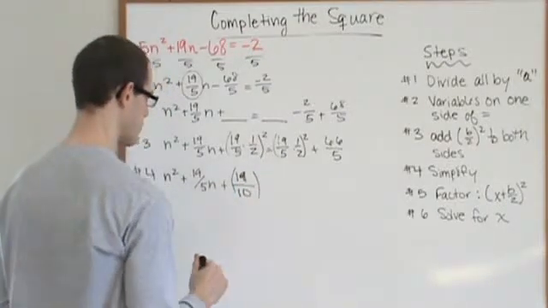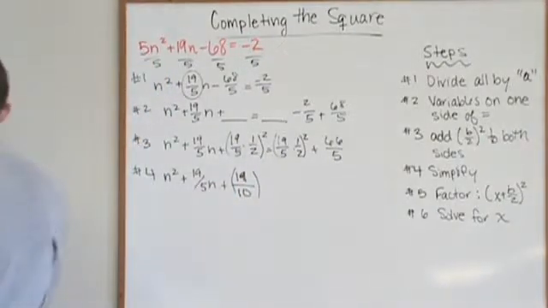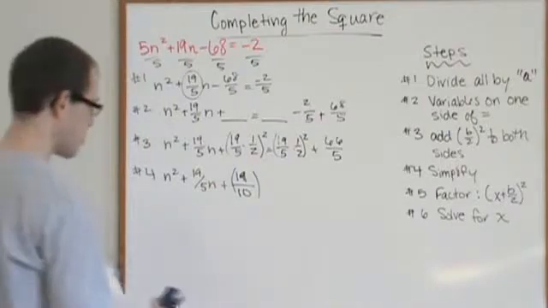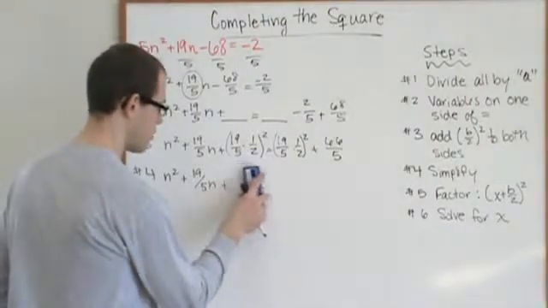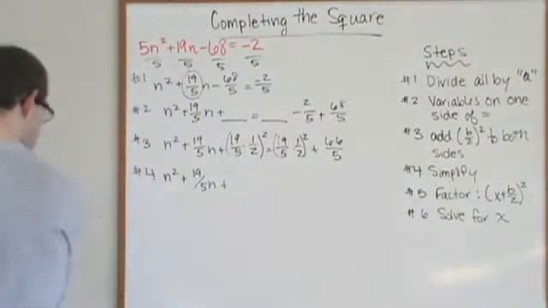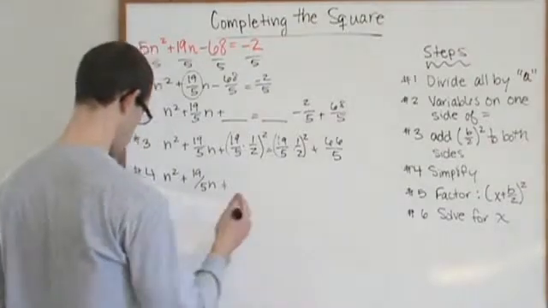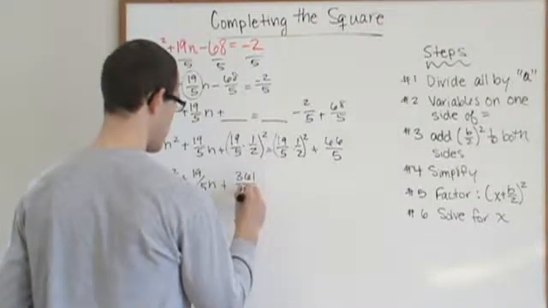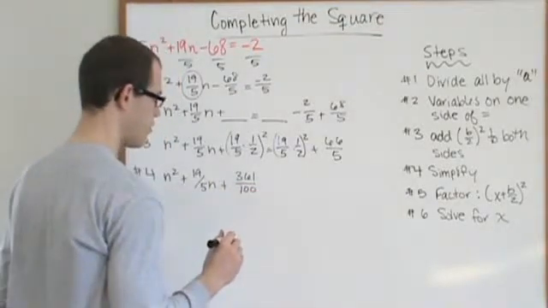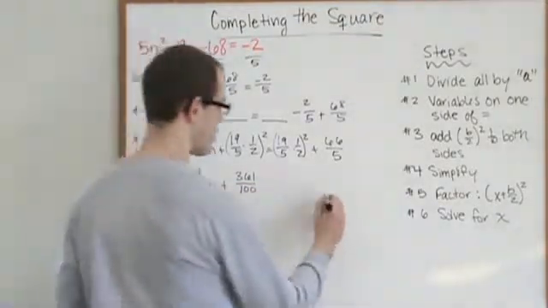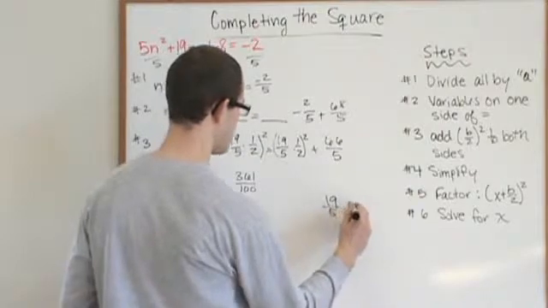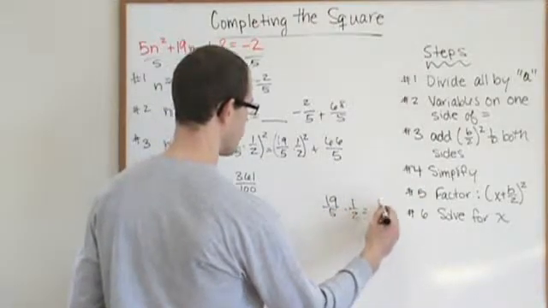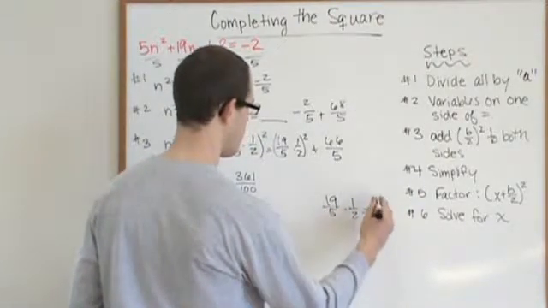Squaring that, and let me write that out as 361 divided by 100. To get that, I took 19 over 5 times 1/2, which equals 19 over 10.